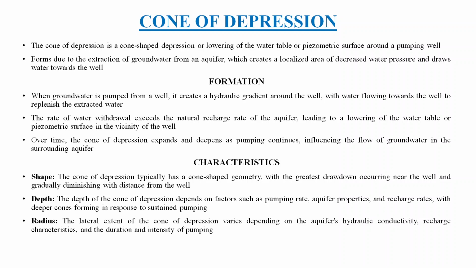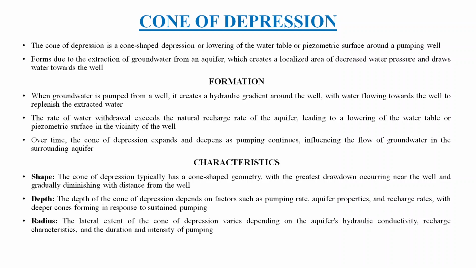The rate of water withdrawal exceeds the natural recharge rate of the aquifer. Sometimes when you are overproducing groundwater, it leads to a lowering of the water table or piezometric surface in the vicinity of the well. Over time, the cone of depression will expand and deepen as pumping continues, influencing the flow of groundwater in the surrounding aquifer.